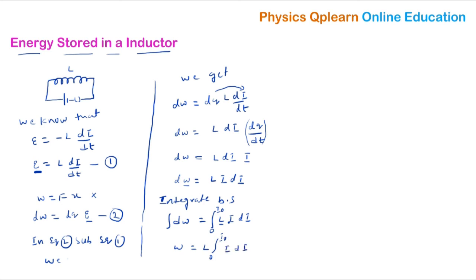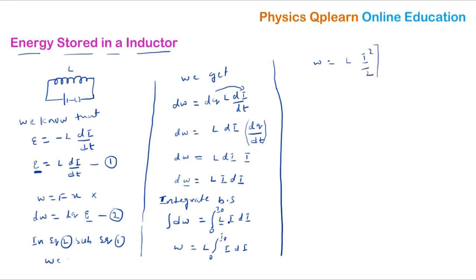Now what is left: work done is equal to L outside, and the integration of I into di is I square by 2.